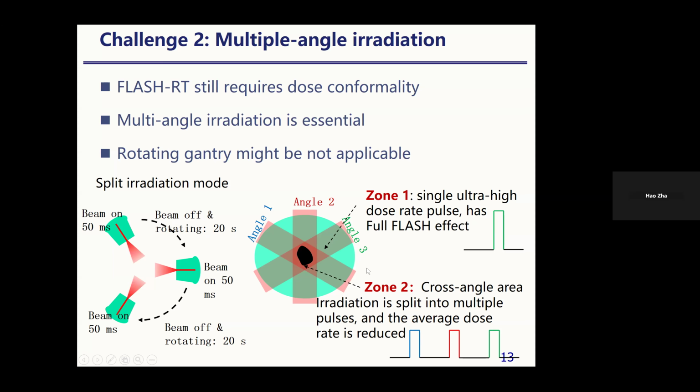That means the overlap regions may have no flash effect. So the challenge is, how do we maintain the flash effect across the entire target, not only zone 1, but also the second zone?